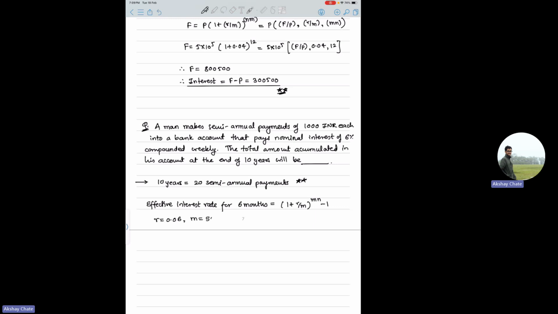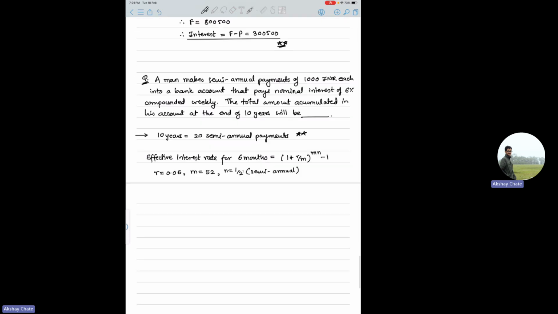M is 52 because this M comes with the interest rate only. So R by M, that is fine. This N will be 1 by 2 because this is for 6 months. So because of this semi-annual thing, it will come like this. Okay.